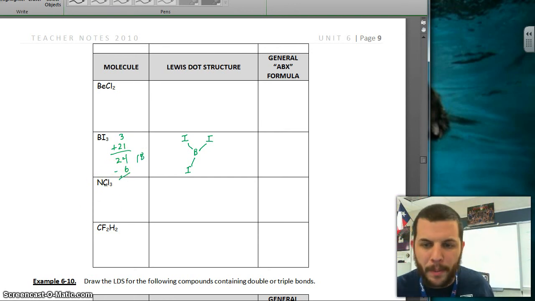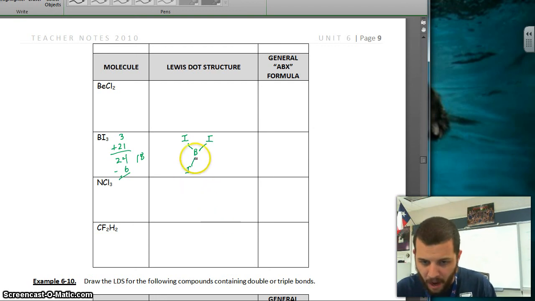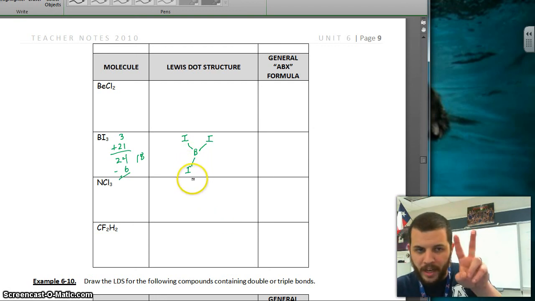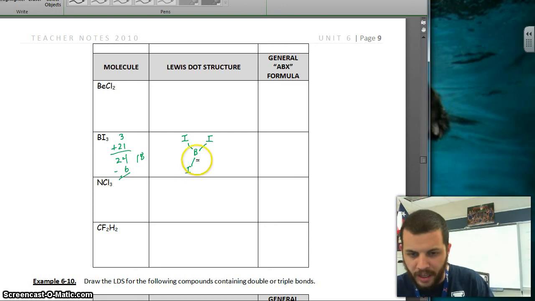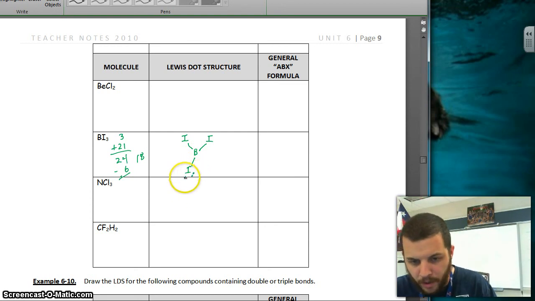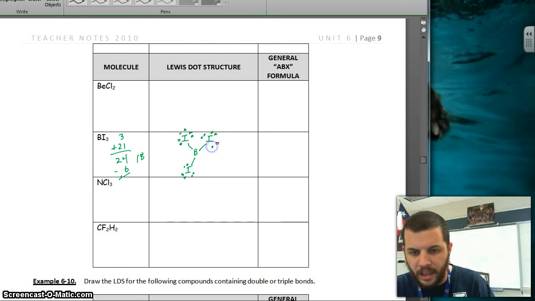I have to satisfy my peripherals, okay? So they've already got 2. Remember, each bond is 2 shared electrons. So each of these iodines already have 2. So I'm going to go 1, 2, 3, up to 18 electrons.